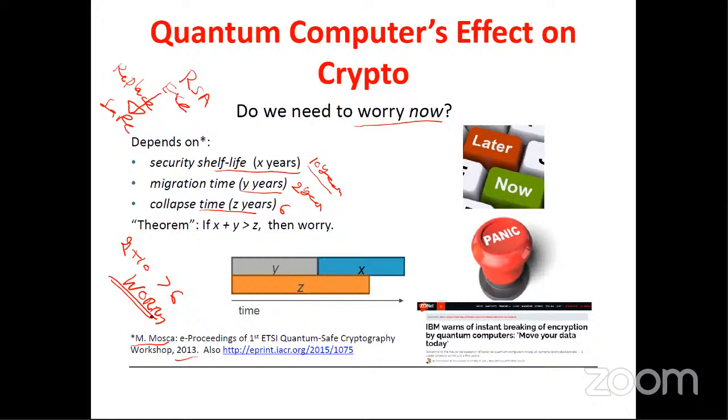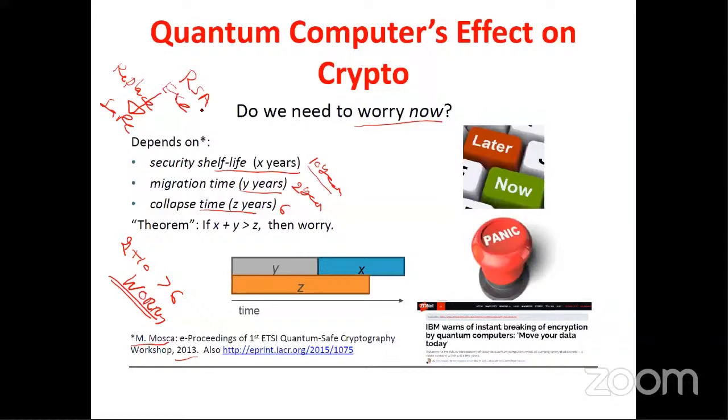Why? Because let's suppose in 6 years this computer comes and we are using this for the next 10 years. We want to keep them secret for 10 years. So if someone intercepts this information and keeps it in a repository, when he has a computer in 6 years, then he will be able to decrypt that.